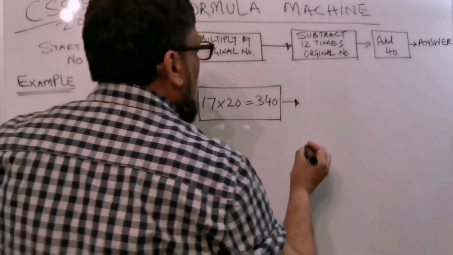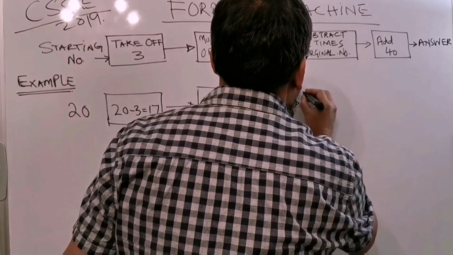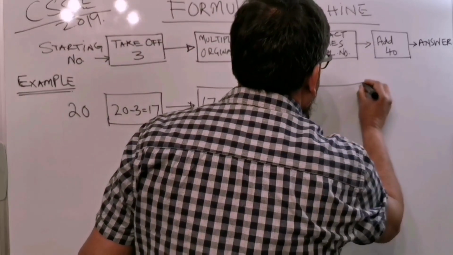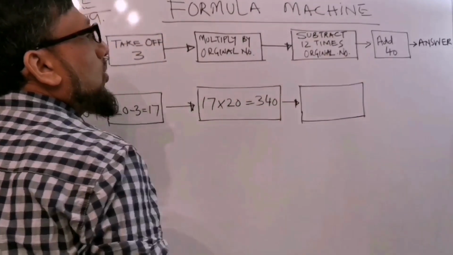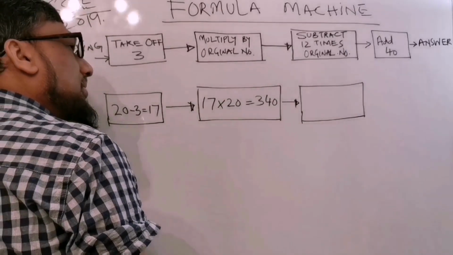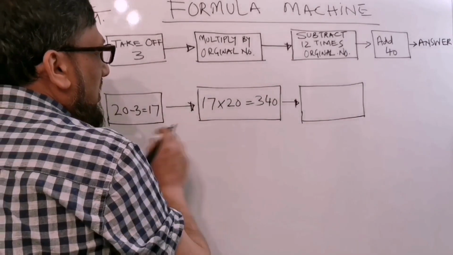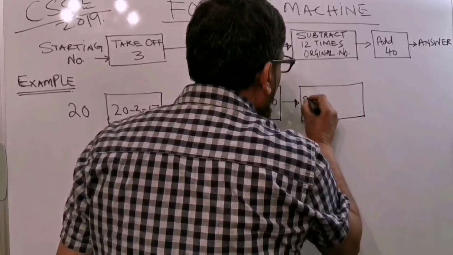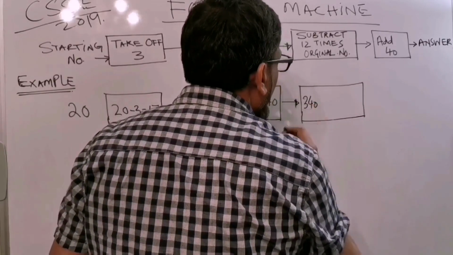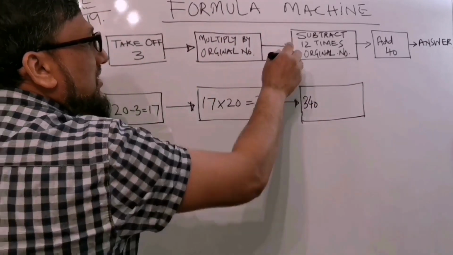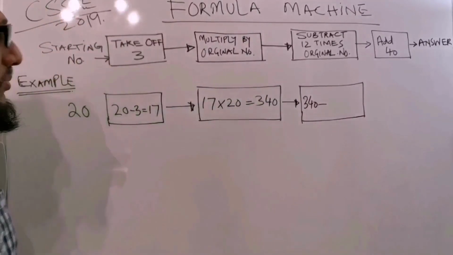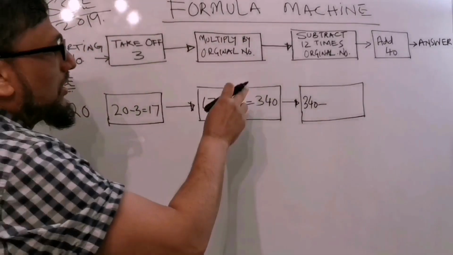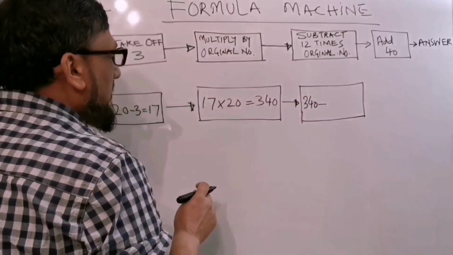And after that you need to do what? Subtract 12 times the original number. The answer you're getting is 340, and it says subtract 12 times the original number.